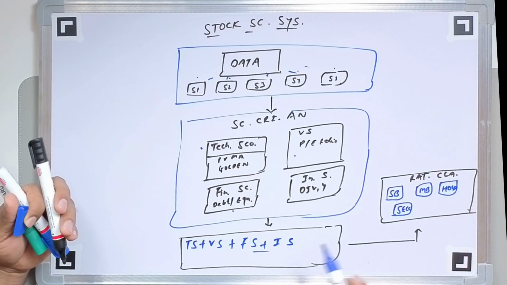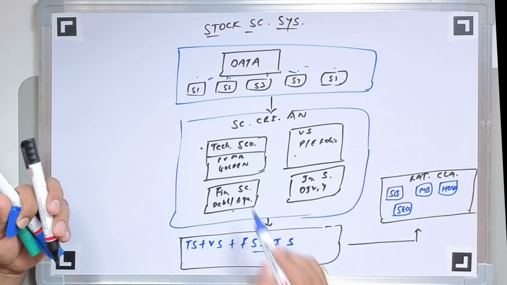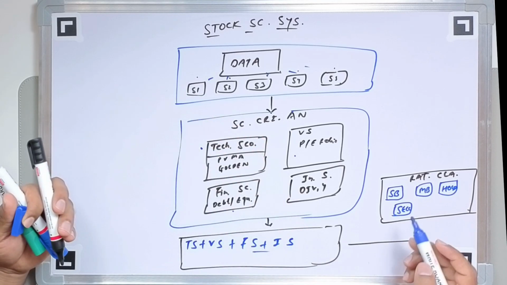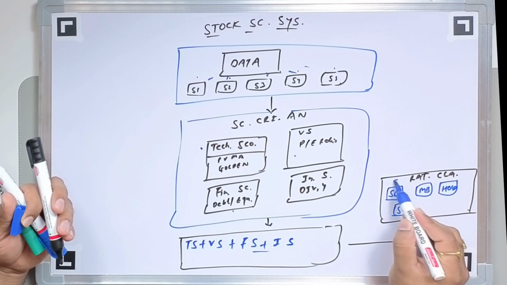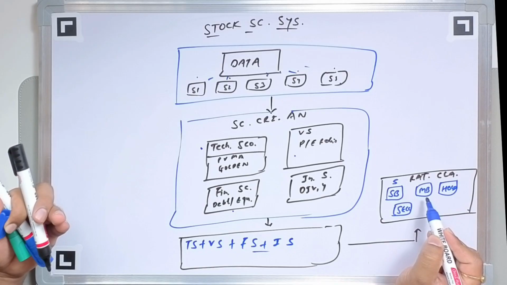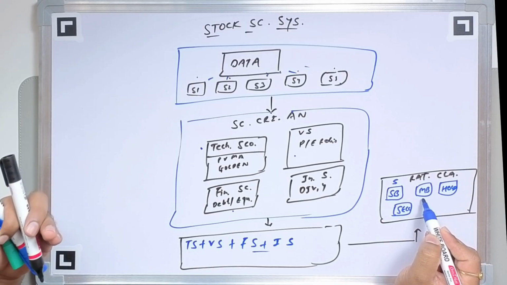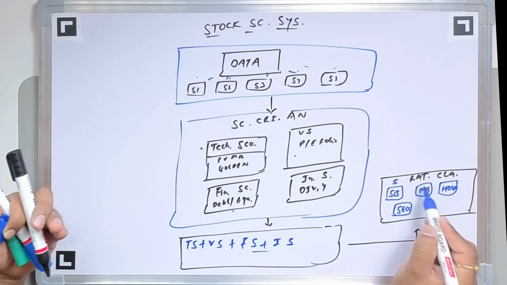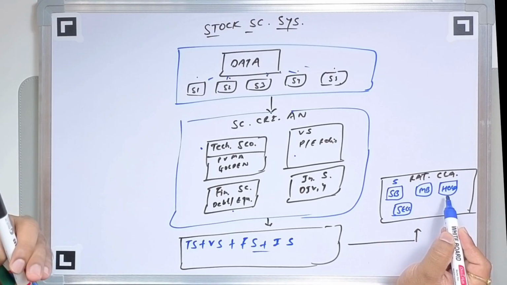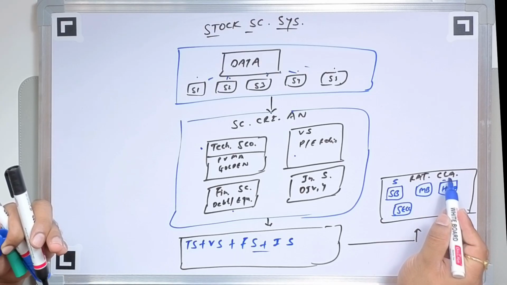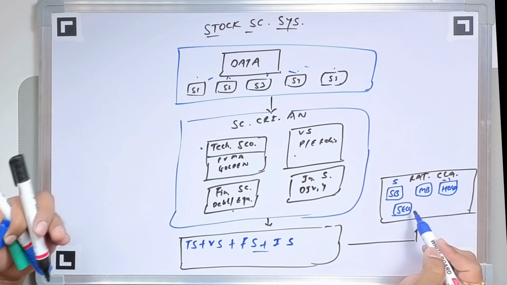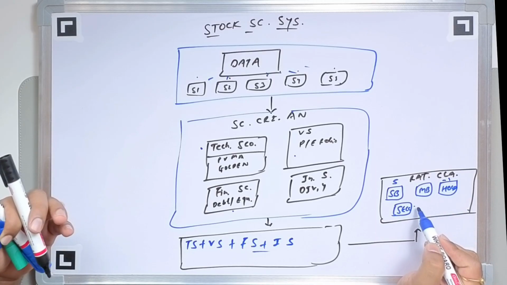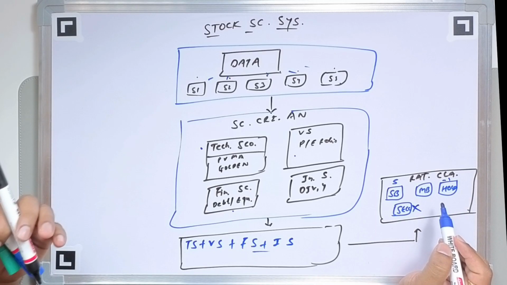So if the score of these stocks is greater than 5, then it's a strong buy, right? Then if the score is greater than or equal to 2, then it will be a moderate buy. And if the score is greater than or equal to -1, then it will be a hold. Else, whatever the score is, it will be an immediate sell, right? So this is how it is working.